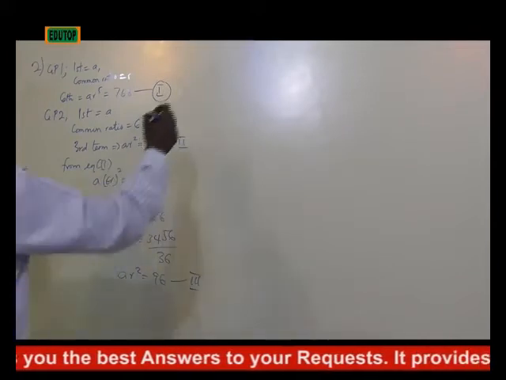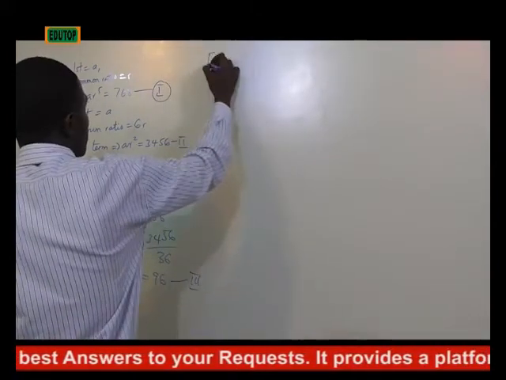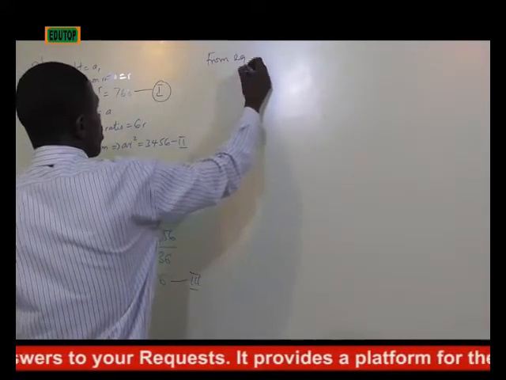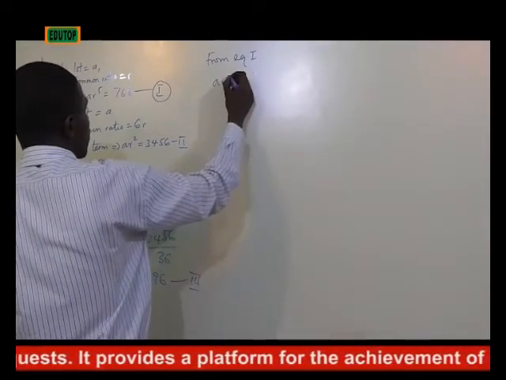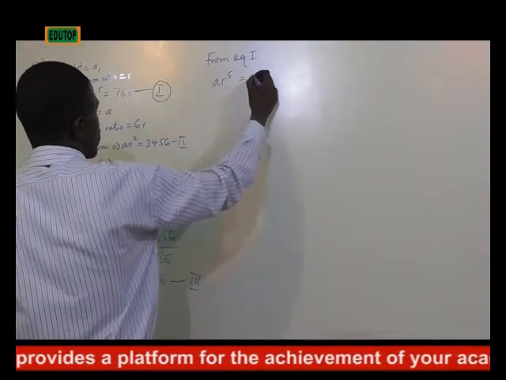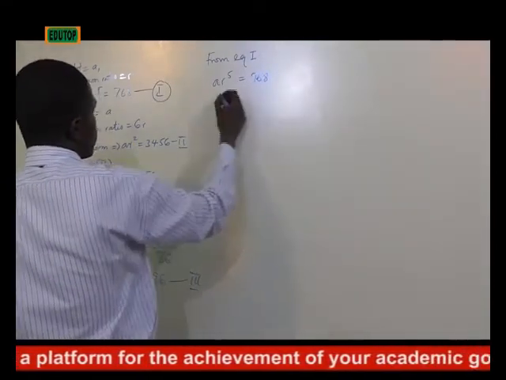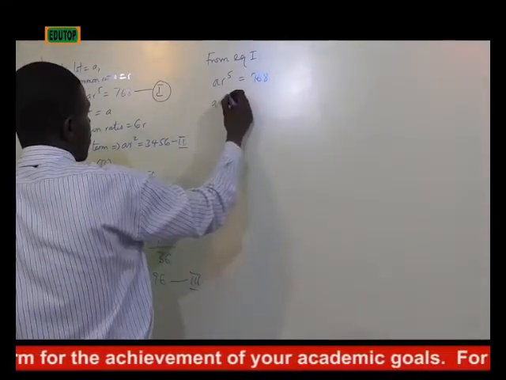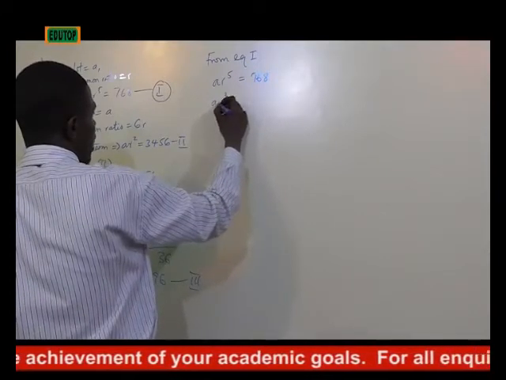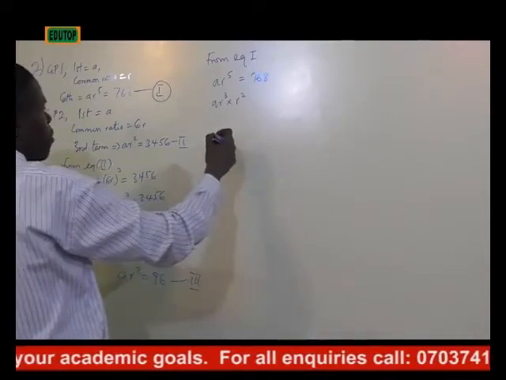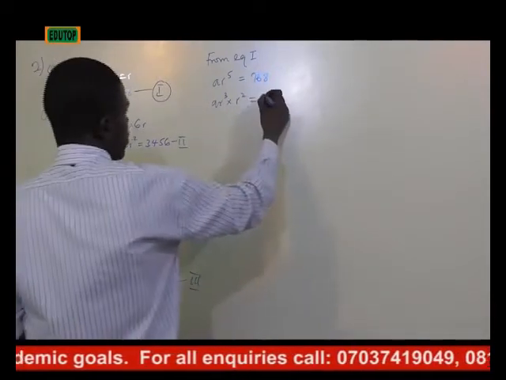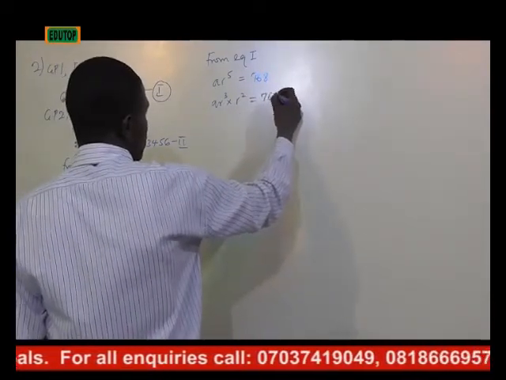Then from here we know that from equation 1, which has AR raised to power 5, which is equal to 768. So this one can be written as AR cubed times AR squared by law of indices, which gives 768.